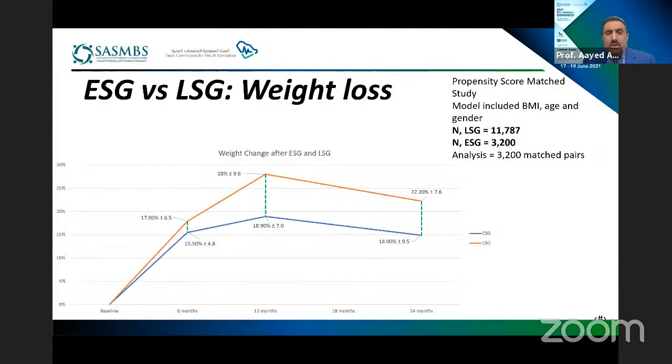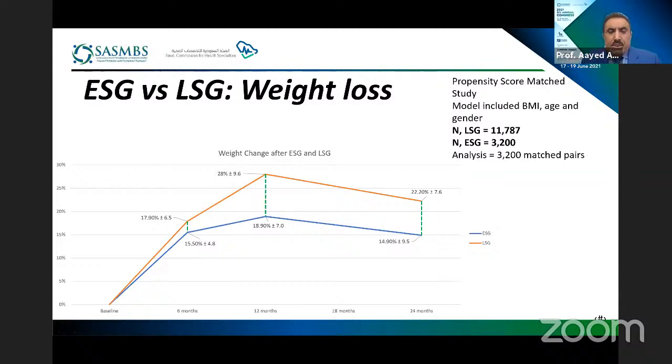When we compare, and this study is in progress, we're comparing the sleeve to ESG. I'm talking about primary now. This is 11,000 sleeves in our center compared to 3,200 endoscopic gastroplasties. The difference is, as you can see here, almost 22% total weight loss at 2 years compared to 15% total weight loss.